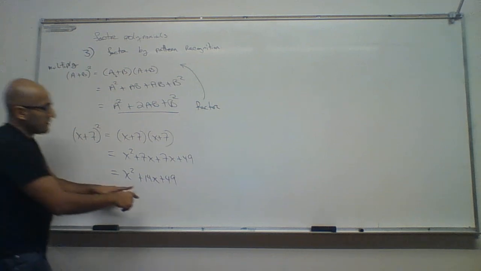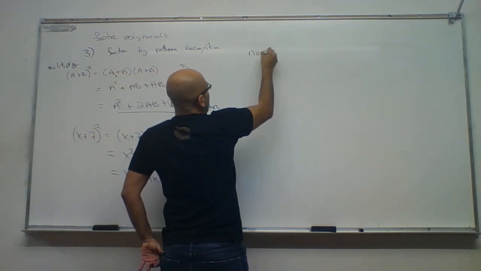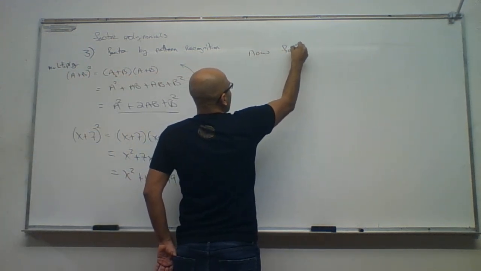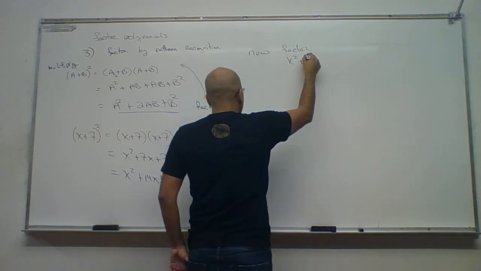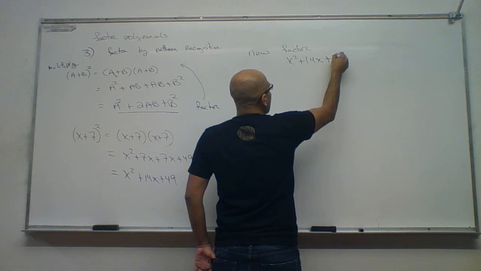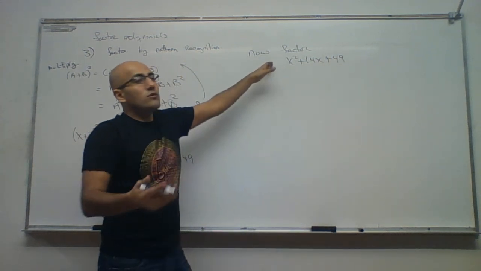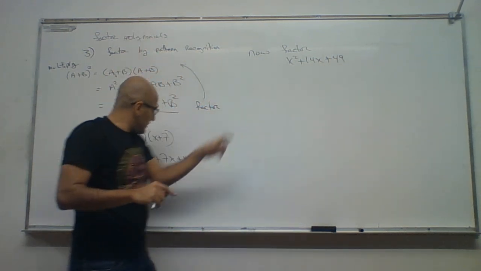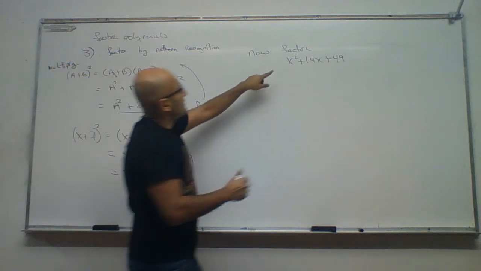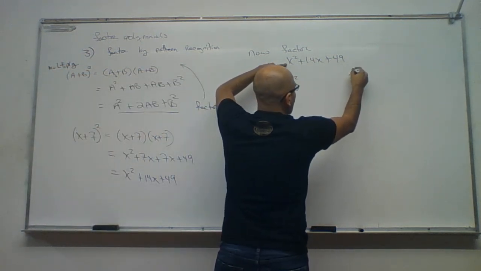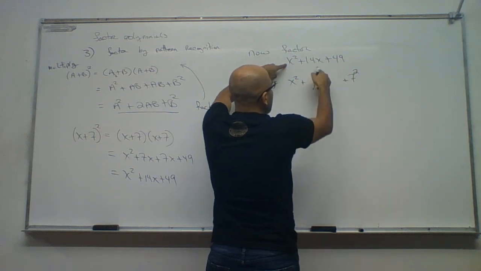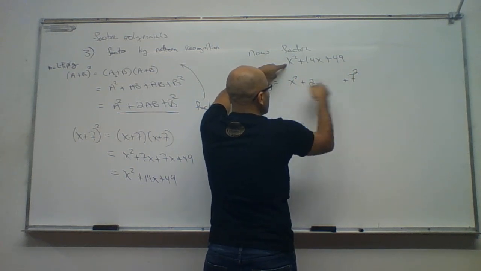Okay, so now, if this is given, factor x squared plus 14x plus 49, well, all you have to do is go, hey, wait a minute, this fits this pattern. This is equal to something squared, and then this is equal to something squared at the end, and then in the middle it's equal to twice the 2 things that you're squaring.